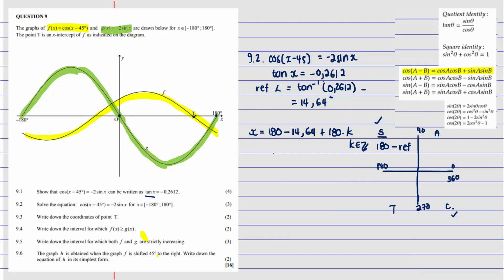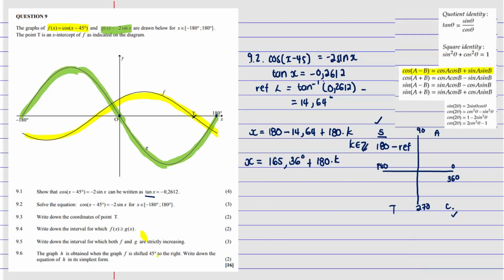Yes, ma'am. So now simplify it. x is equal to, when you say 180 minus 14.64, it's going to give you 165.36 degrees, plus 180 multiplied by k, where k is an element of the integers.